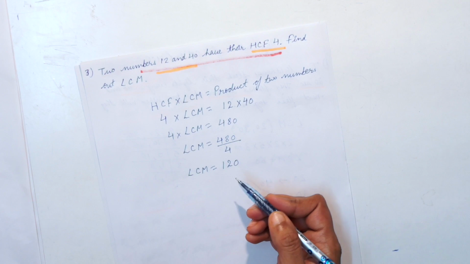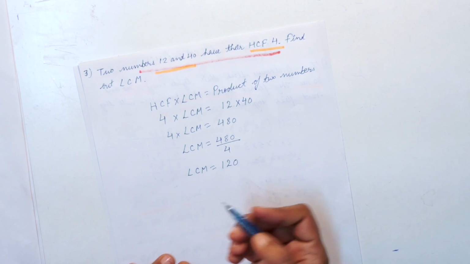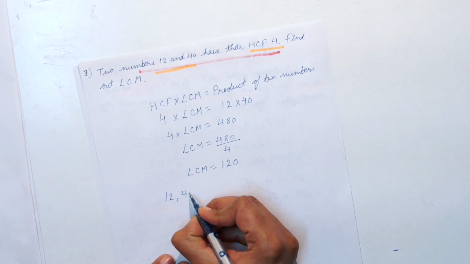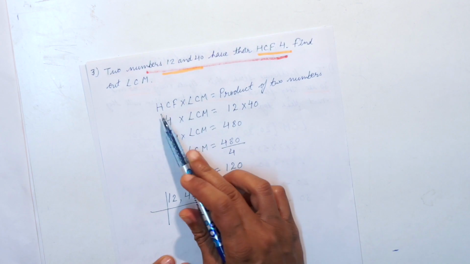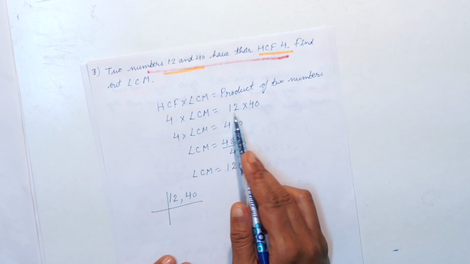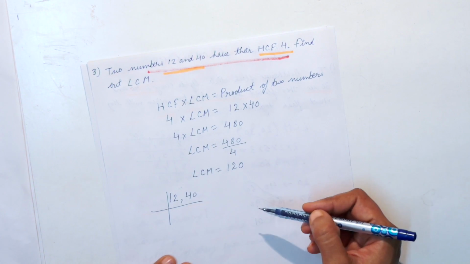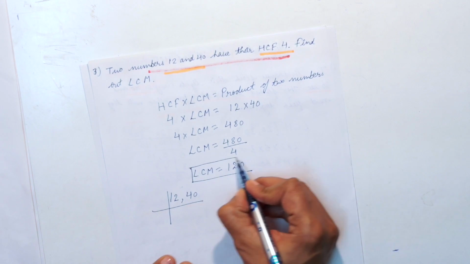If I want to verify whether my LCM is correct or not, let's find it for 12 and 40 using the ladder method. But this is the shortcut when we use the formula: HCF into LCM is equal to the product of the two numbers. So 12 into 40 is equal to LCM into 4. By calculating, I got my LCM as 120.